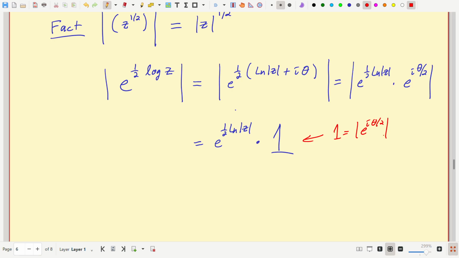So that shows us it doesn't depend on the choice of the branch, and this is the modulus of z to the 1/2. So that checks out.